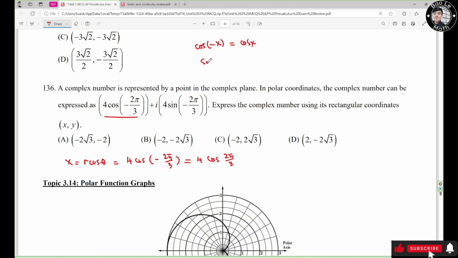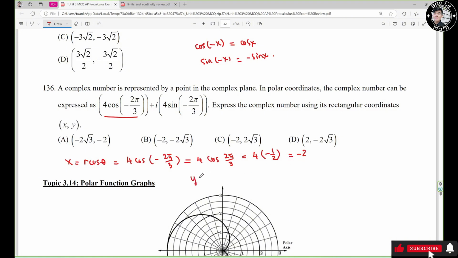The sine is odd, so then sine of negative x equals negative sine of x, right? So keep that in mind. Right, so cosine of 2 pi over 3 equals negative 1/2, right? So it could be 4 times negative 1/2. Right, so it could be negative 2, right?